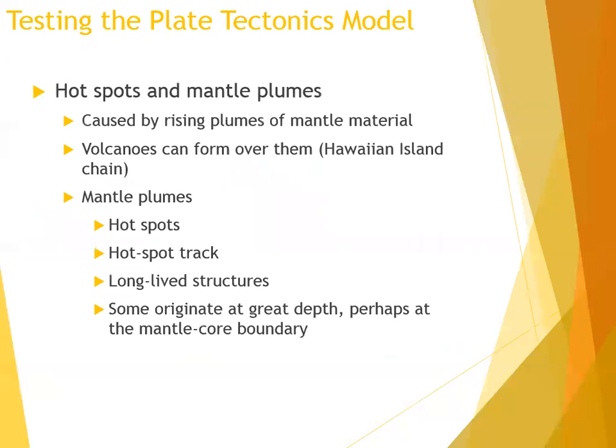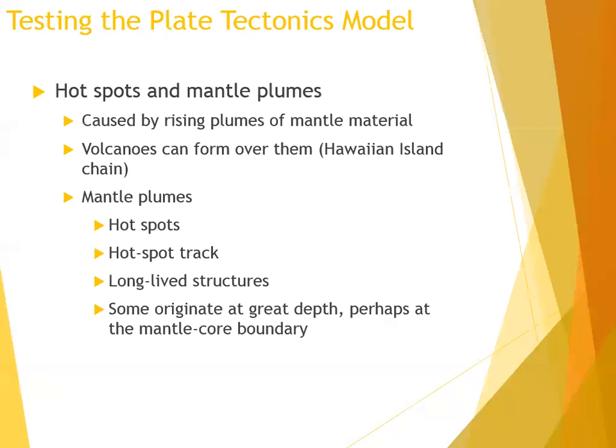The last thing that I'm going to try and cover really quickly are the ideas of hotspots and mantle plumes. This is what forms your Hawaiian Islands and your other kind of chains of islands. The mantle material that's warm rises up through the asthenosphere, bringing magma up, and we call these mantle plumes. Where they come into contact with the oceanic crust, we call them hotspots.